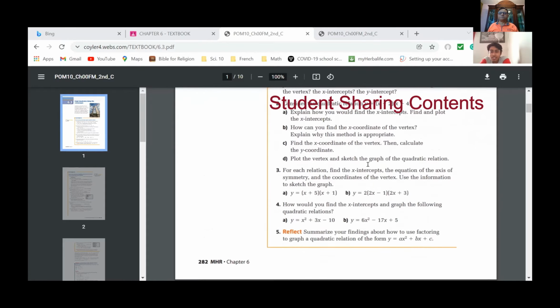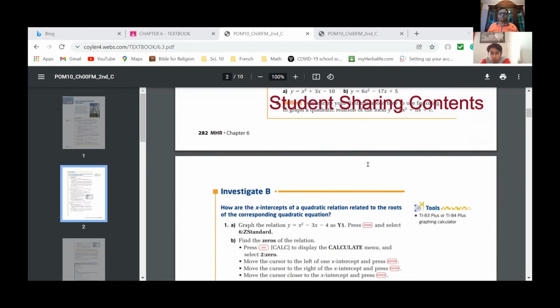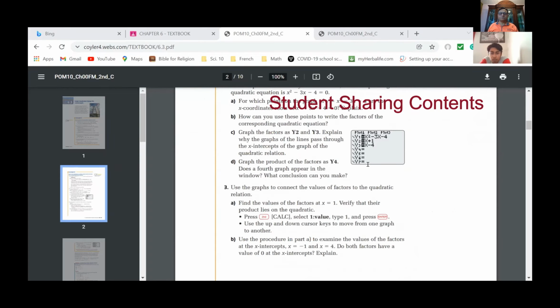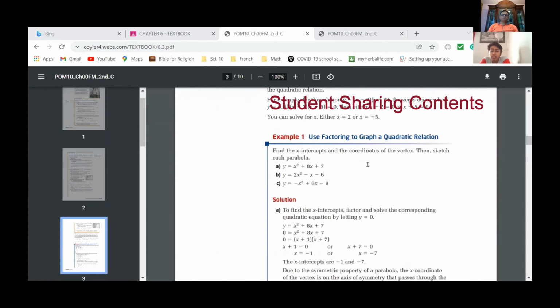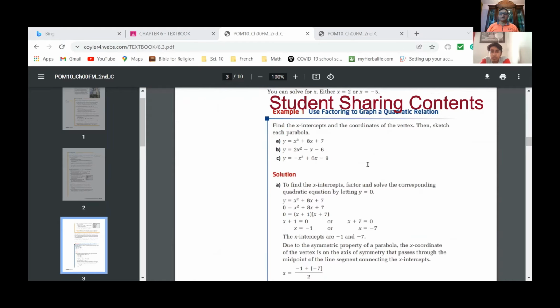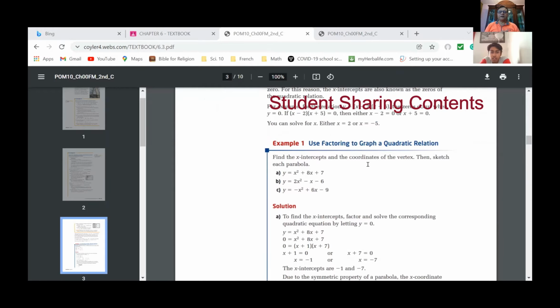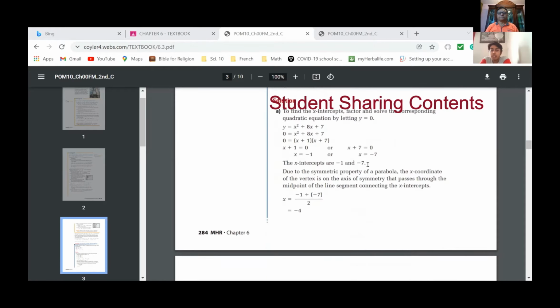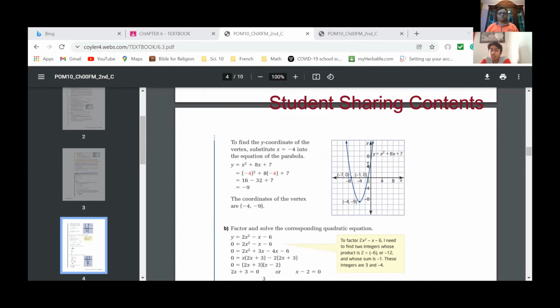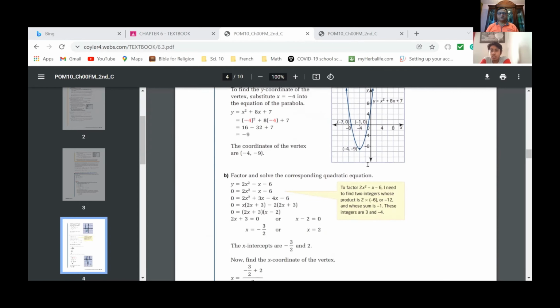So, using factoring skills. Can you factor? Like if I give you x squared plus 8x plus 7, can you factor, Rohan? Yes, sir, I can do that. I know how to do it. Basically simple and complex trinomials, right, sir? Yeah, you can factor.